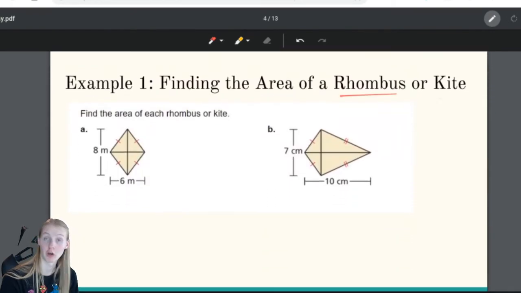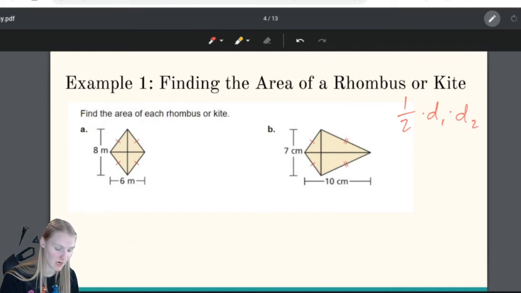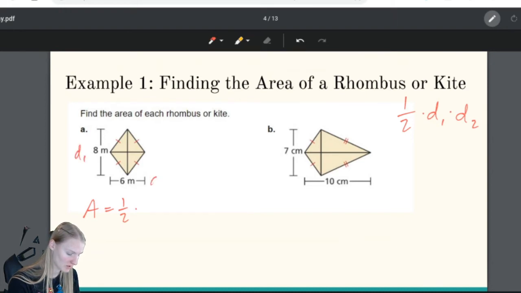Let's do some examples. Find the area of a rhombus or kite. We just learned that the area of a rhombus or kite is 1/2 times diagonal 1 times diagonal 2. So here, we're going to have the area as 1/2 times... Does it matter which one is diagonal 1 and which one is diagonal 2? What do you think? If I made this one diagonal 1 and this one diagonal 2, I have 1/2 times 8 times 6.